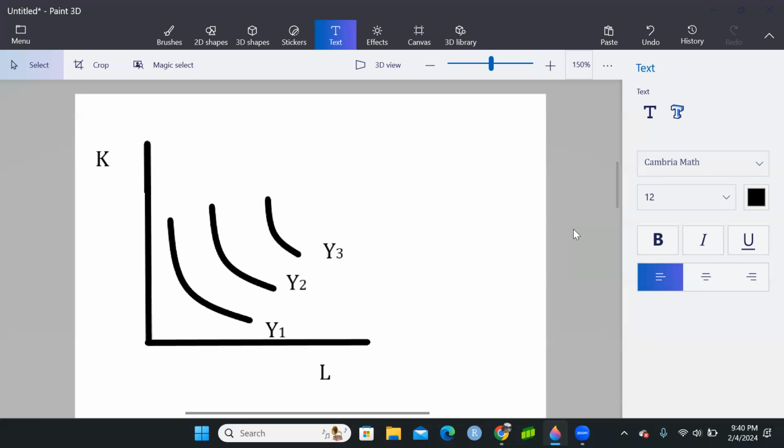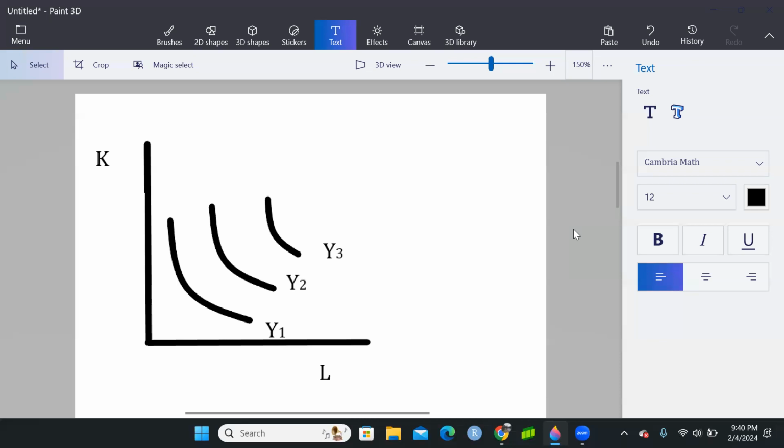For example, one production function that's very often talked about in basic economics classes is the Cobb-Douglas production function, which is the one on the screen right now, in which we've got output, or the goods produced, on the left-hand side of the equation and capital and labor on the right-hand side of the equation.